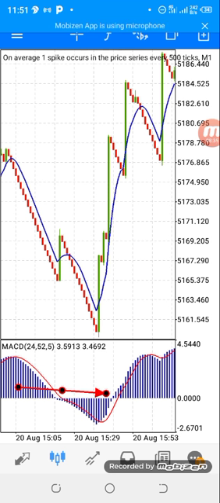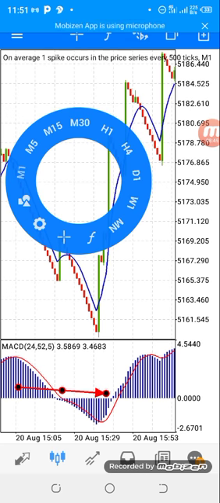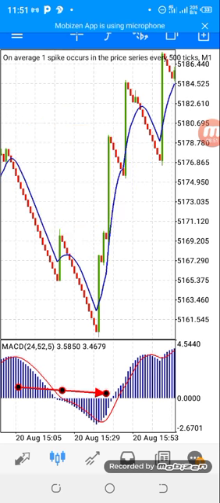Once you come to the main chart, you are waiting for when the bearish bar will retrace down to touch the 10 linear moving average. Immediately it touches the 10 linear moving average, and at the same time the MACD bar is above the red signal line, please place your trade immediately.